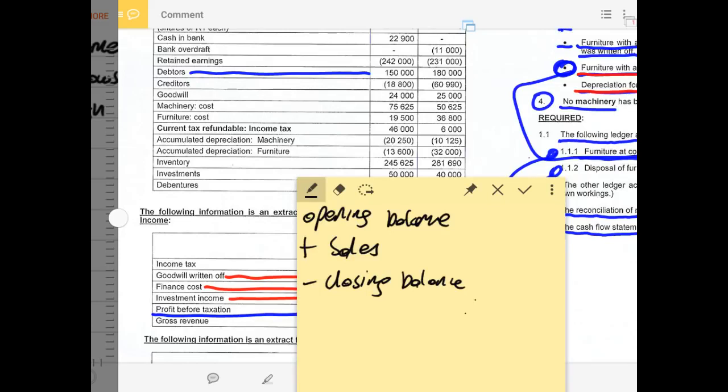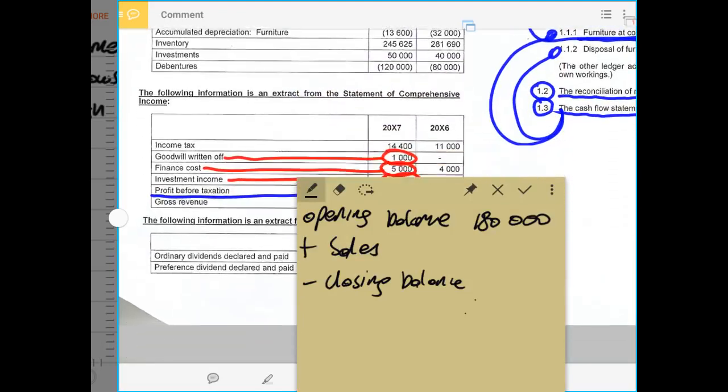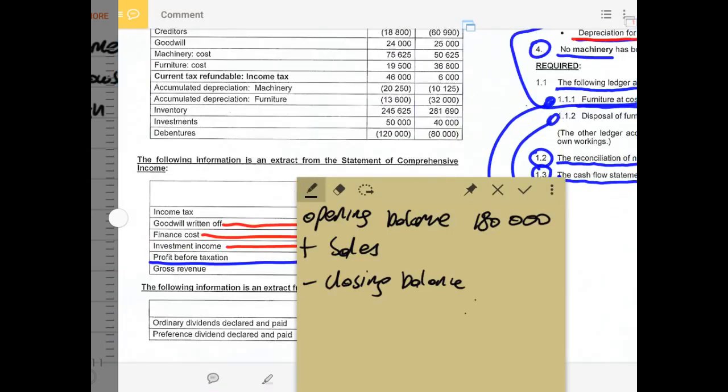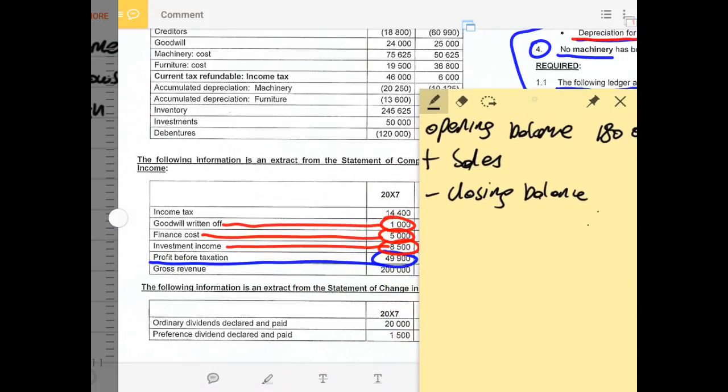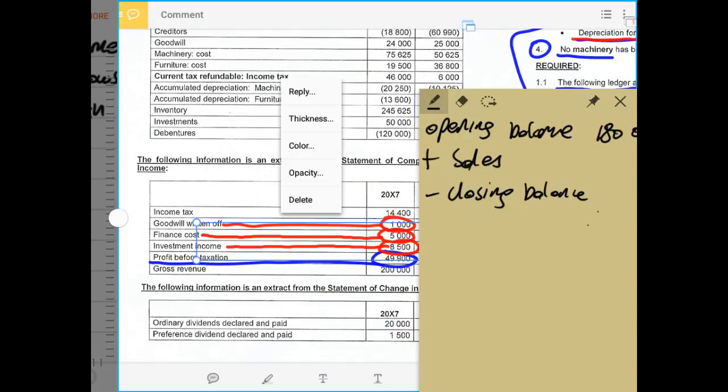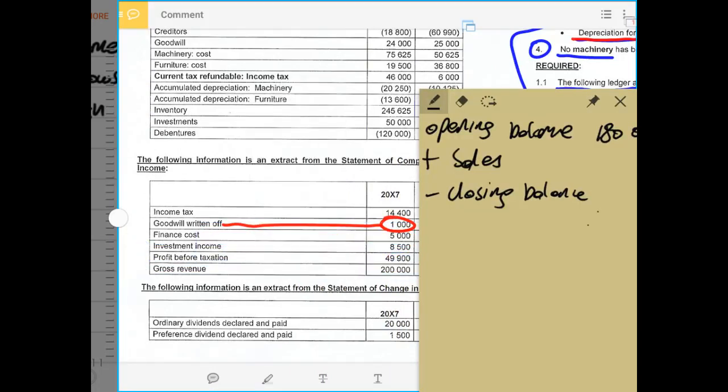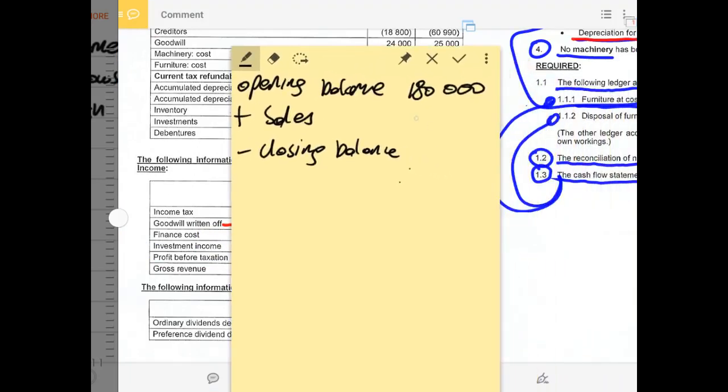So we say opening balance of debtors is 180,000 rands. Our sales are found in the income statement. Our sales is the gross revenue, which was 200,000 rands. We add that, then we subtract the closing amount of debtors, which is 150,000 rands.